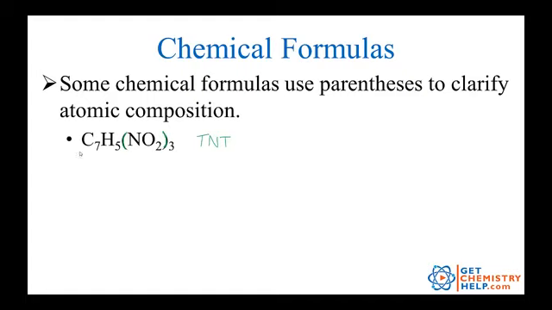So in our case, how many carbons do we have? We have 7 carbons. We have 5 hydrogens right here. Then we have these NO2 groups, we have 3. How many nitrogens are there? Well, we multiply by 3 whatever is inside, so we have 3 nitrogens.